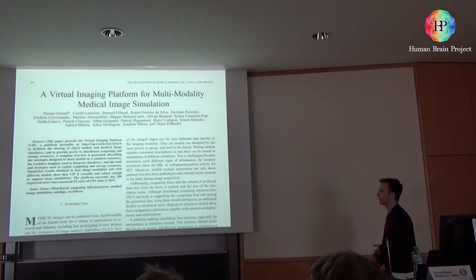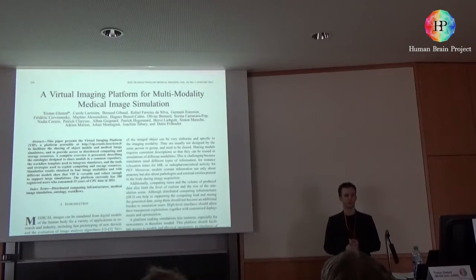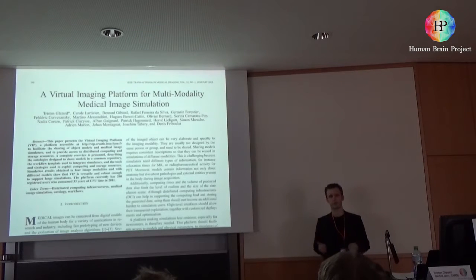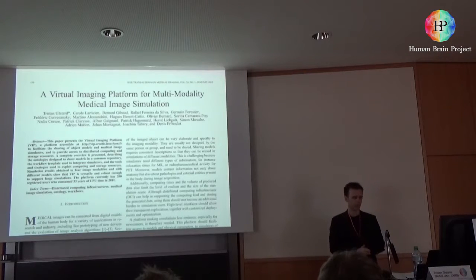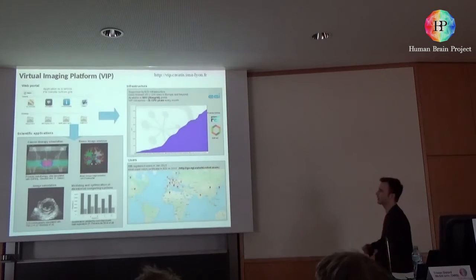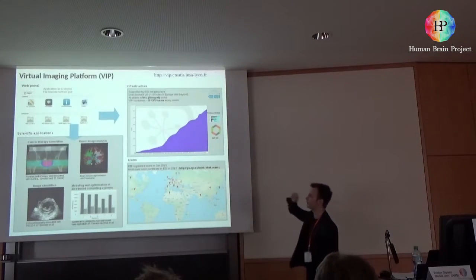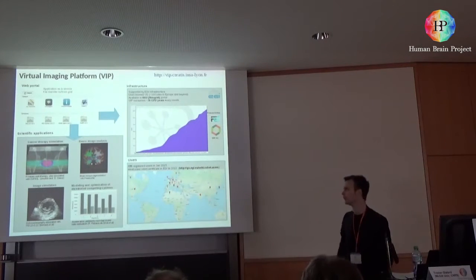The final system that I would like to mention is a platform that we've developed at CNRS, with other groups in France. So we are shifting worlds a bit now, and infrastructures. It's called the Virtual Imaging Platform, or VIP. VIP has a web portal at the top left, which aims at completely hiding the infrastructure.